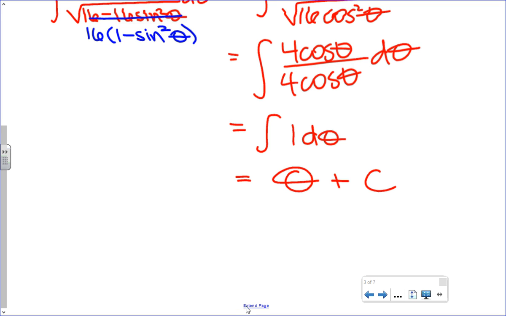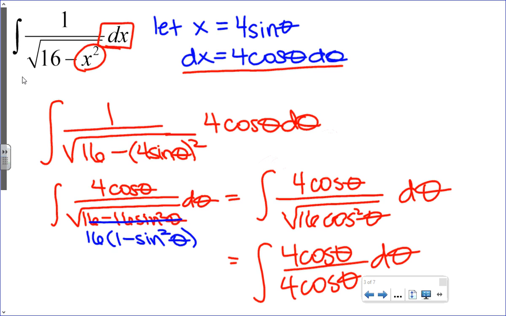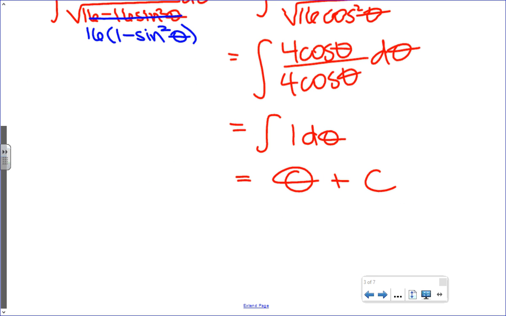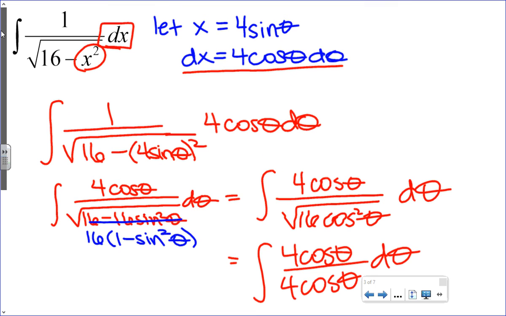But hold on. You've got to put it back in terms of x. So our original integral was dx, which means our answer better have an x in it. So what is theta?